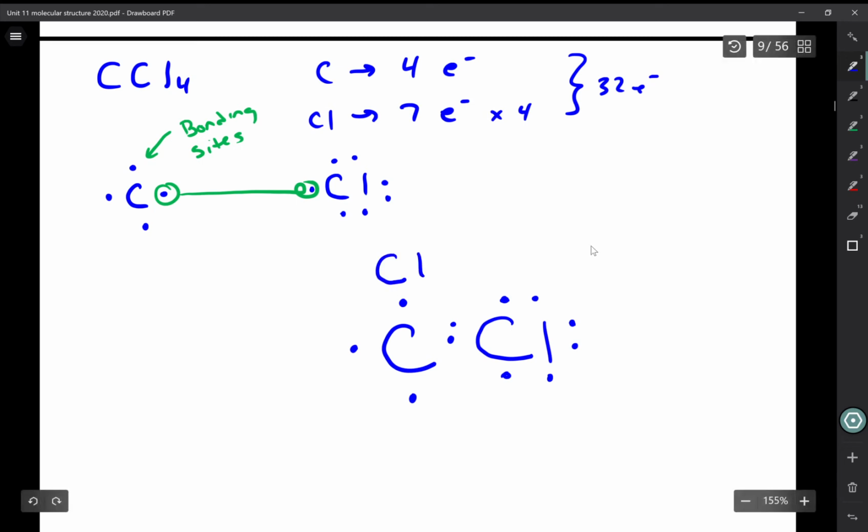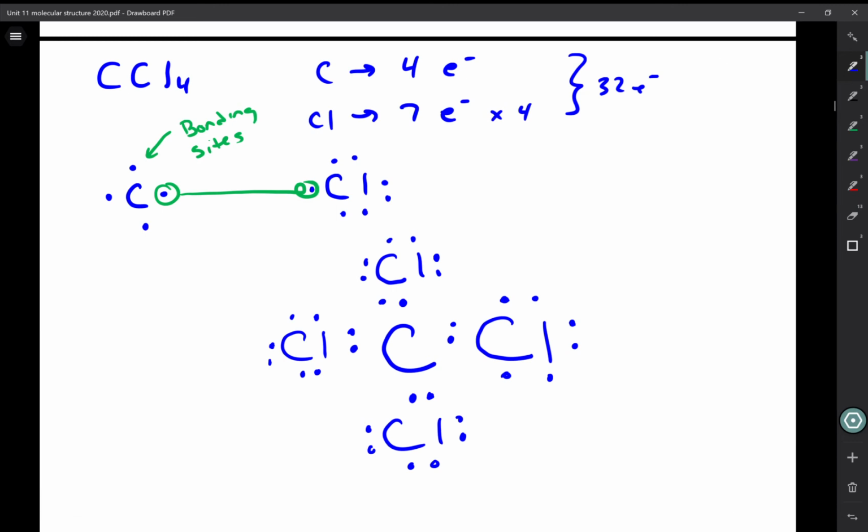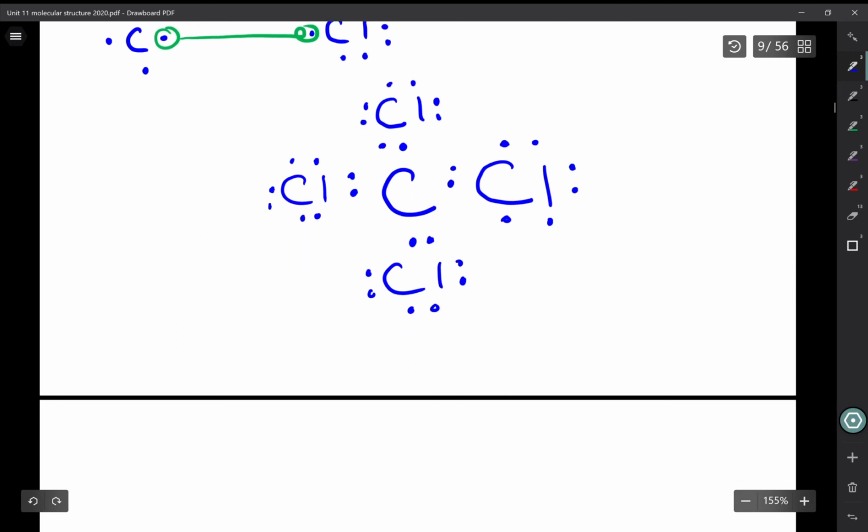So there's going to be another chlorine with 7 electrons, and another chlorine with 7 electrons. And there you go. That's the Lewis dot structure for carbon tetrachloride, CCl4.